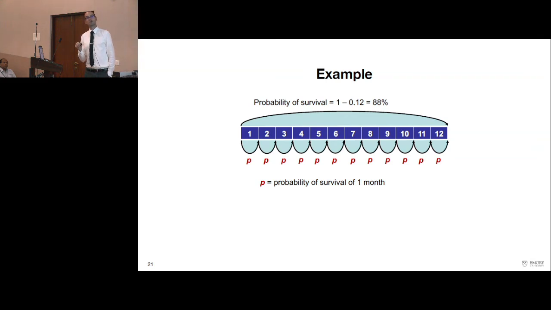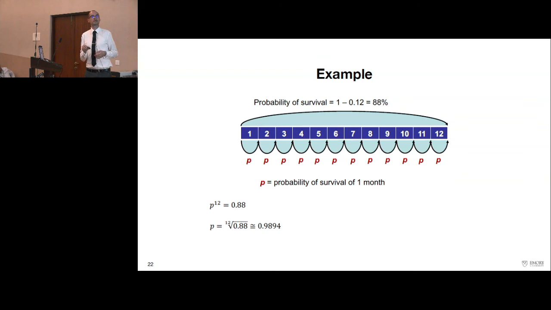So you would get the probability of survival is 88%, which is the same as surviving every single month in the year. If the person didn't survive any of those months, they didn't survive the full year. So we know that 88% is the probability of survival in a year, and that's the same thing as probability of survival every single month. So it's some probability of survival of a month to the power of 12, and it should equal 0.88.